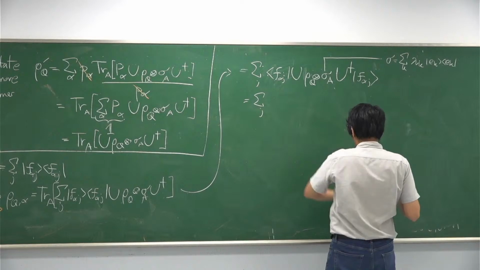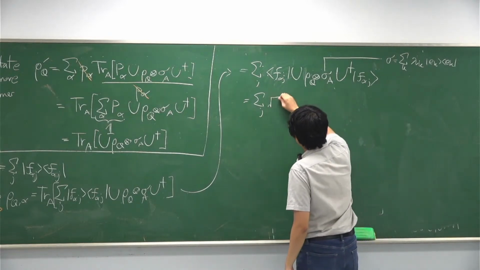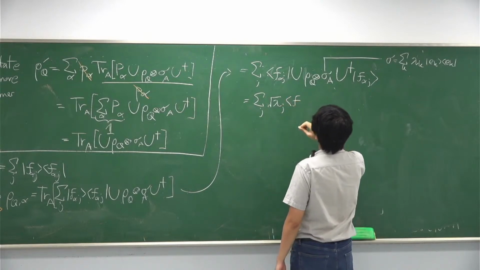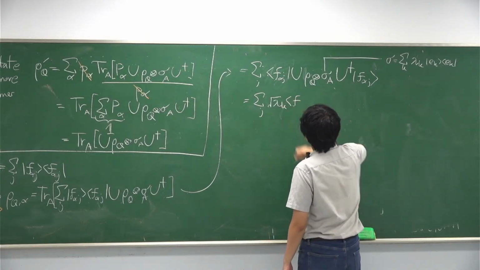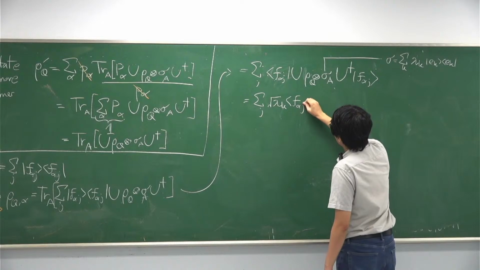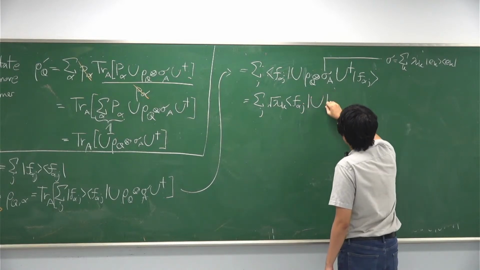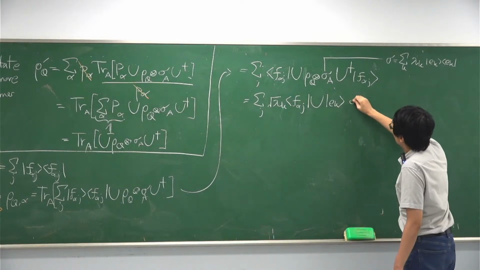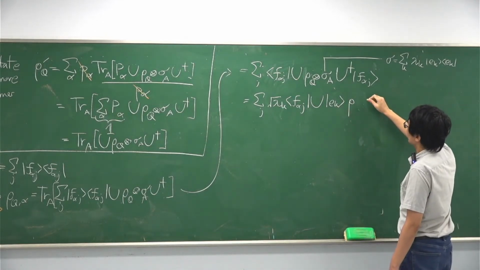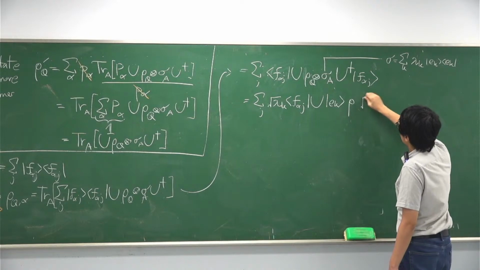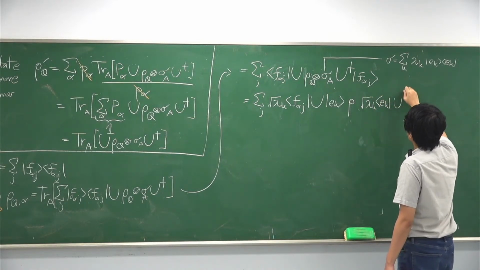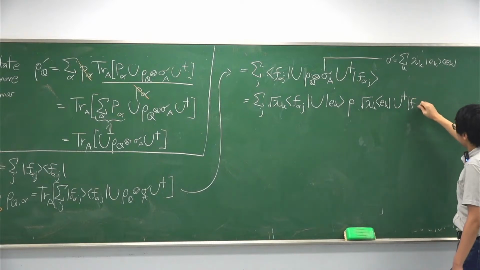Let's split the lambda equally. Then E rho lambda K, E K U dagger F alpha J.